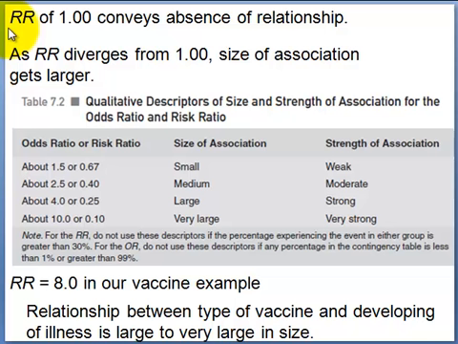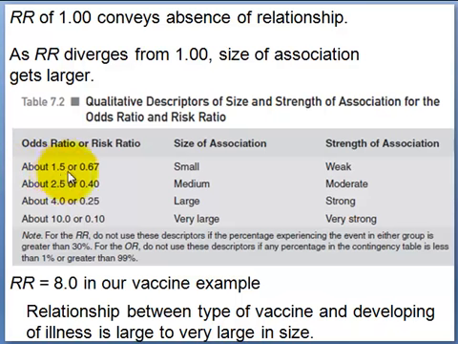For instance, a risk ratio of 5 conveys a stronger association between 2 variables than a risk ratio of 2. So here are some guidelines for risk ratio, and you can see again that as these move away from 1, the relationships are getting stronger.